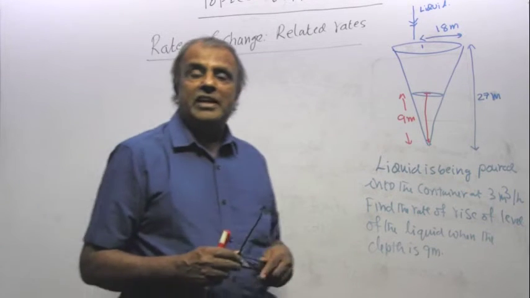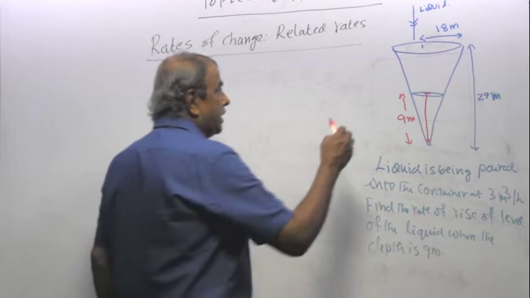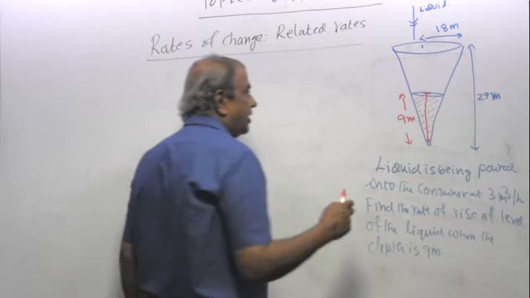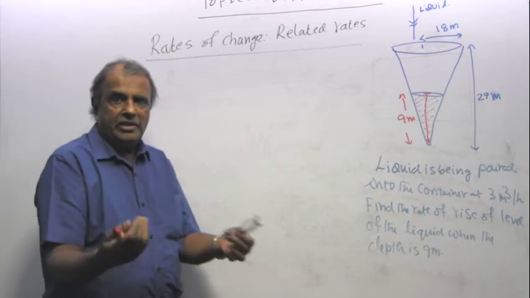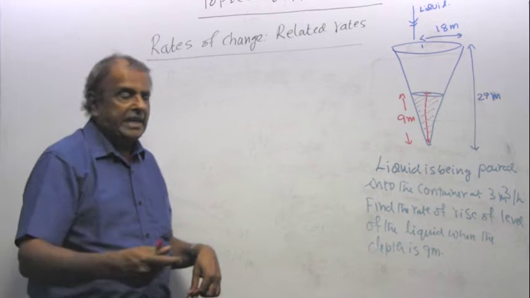So what is the first thing I said you do? Identify the variables. I'm talking of the level of liquid. As the liquid increases, the volume increases, the radius of the base increases, and the depth or the height increases.